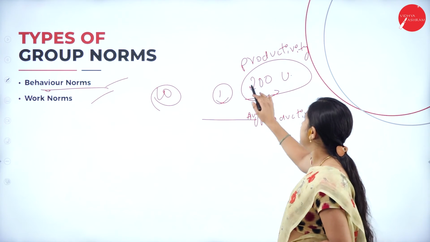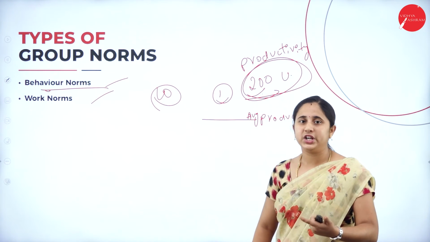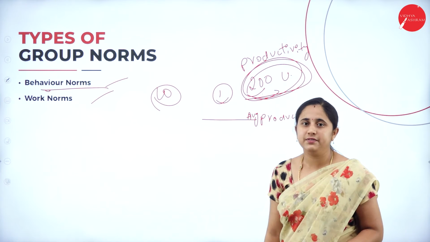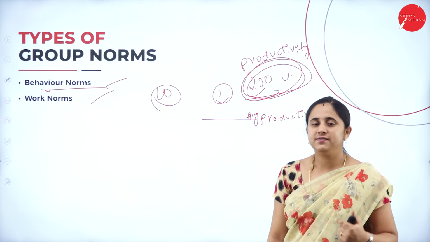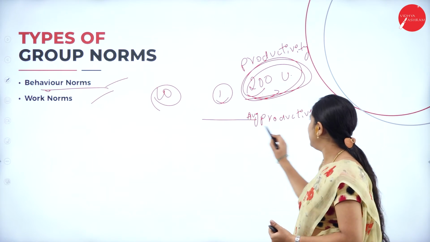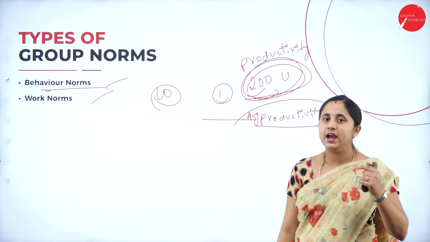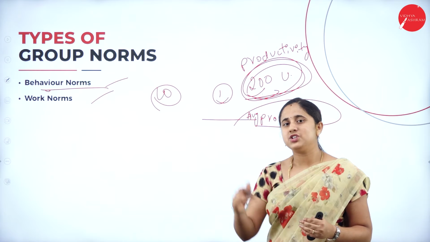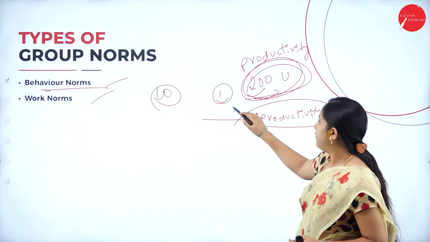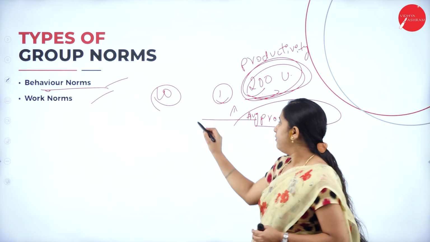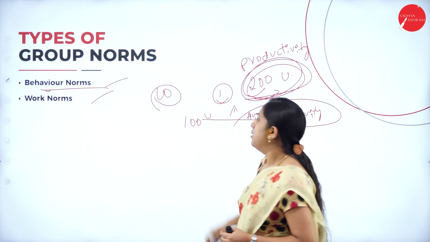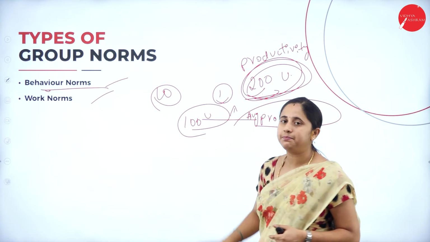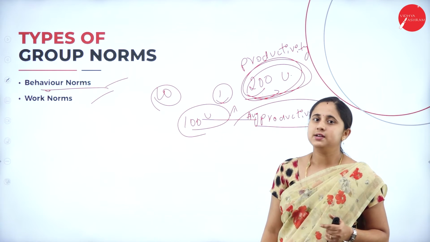So you cannot take this as the average or standard productivity, since it is based on individual interest. Now we will consider the average productivity and divide into two groups, above average and below average. Above average is acceptable. The average is 100 units per day, so if an individual produces 100 units, it's an acceptable standard norm.